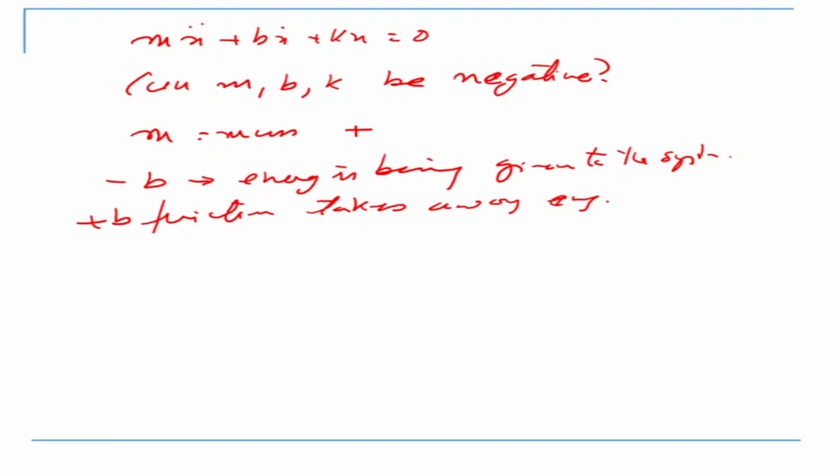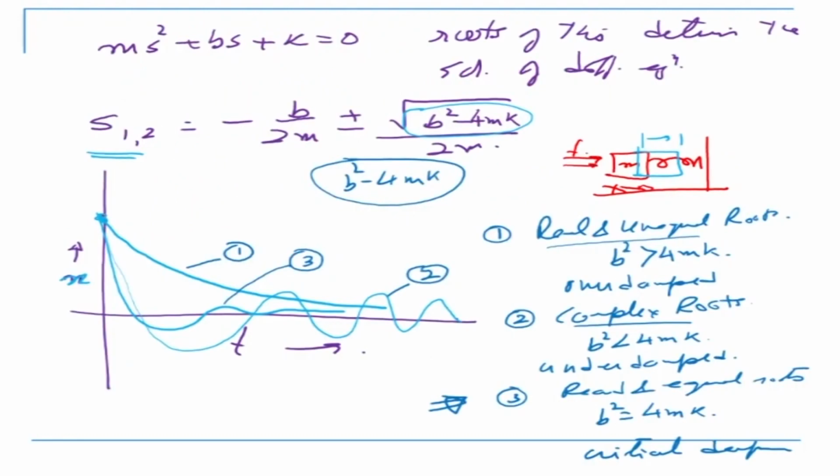When we are giving a force here and pushing it, we are giving energy to the system. So what is b doing? B is friction, so it's taking away the energy in terms of heat or plastic deformation. What is the spring doing? The spring is absorbing the energy and then giving it back. M is inertia, so that energy is being used to overcome the inertia forces.